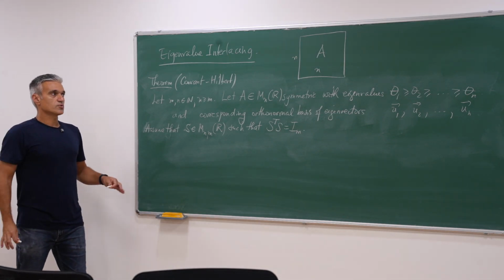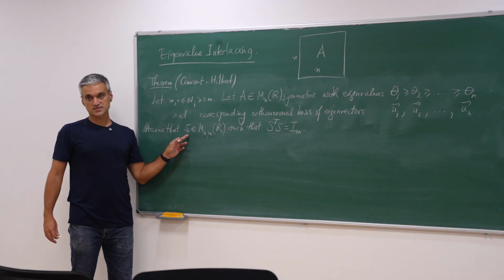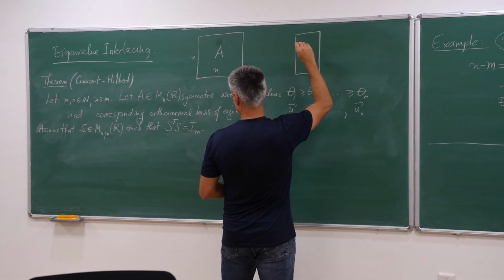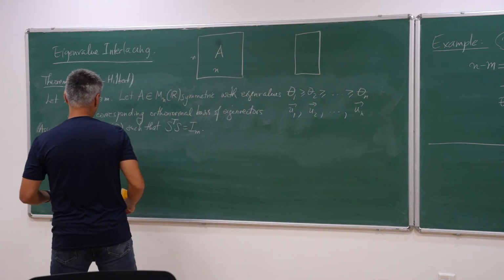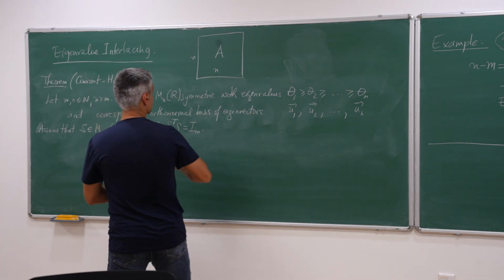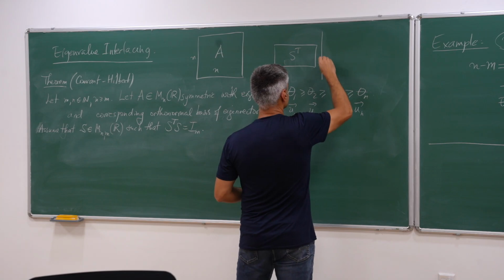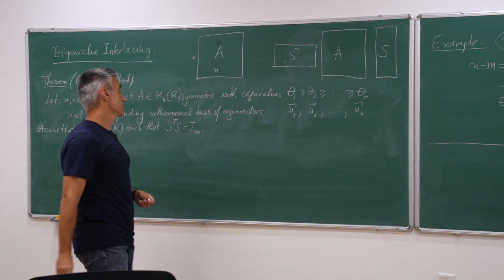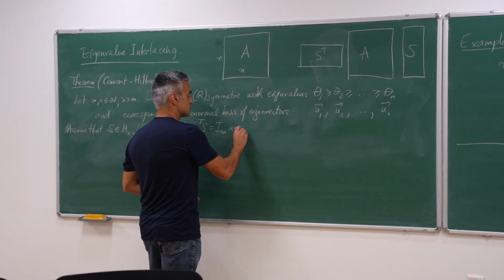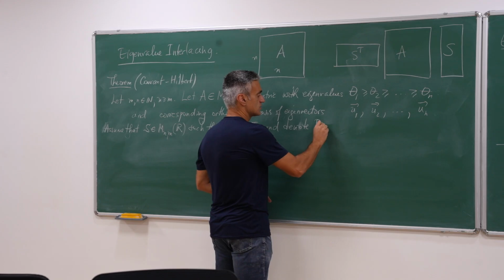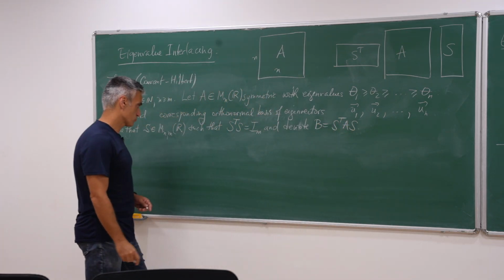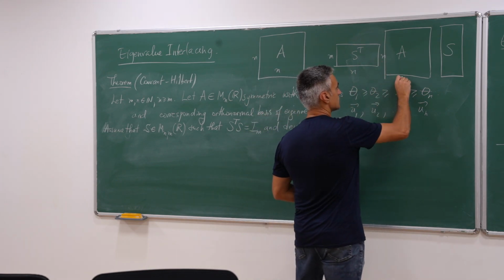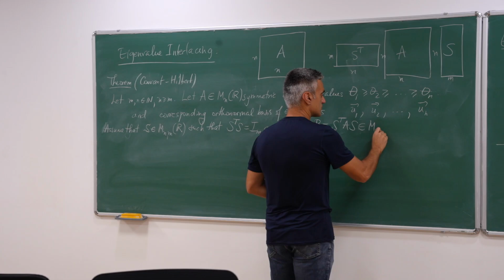Now we're going to have a smaller matrix, and we will make it from this S and from A. So assume that S is like this, and denote B equals S transpose A S. Because S is n by m, S transpose is m by n, so this matrix B will be a smaller matrix.